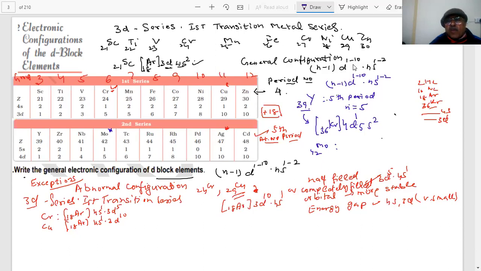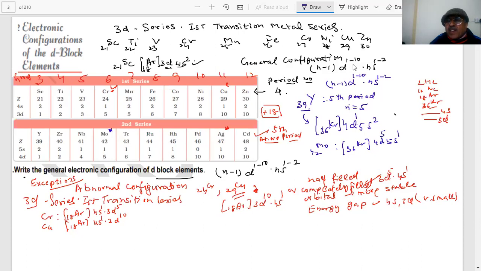Atomic number 42. Writing 36 is already known to me. Then this belongs to the fifth period, then 5s2. But what happens here? 5s1. Krypton 36, then 5s1, and 4d5.